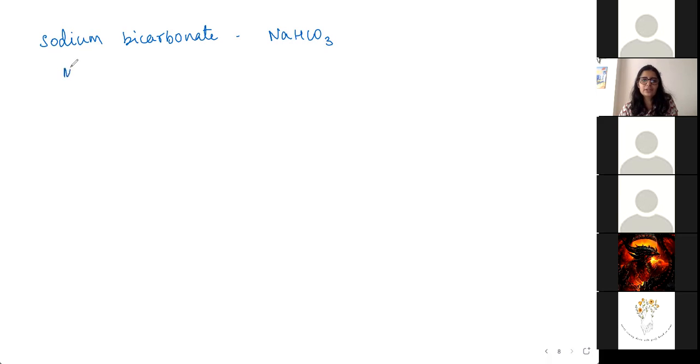So give me the molecular mass for this. If you know already, you can start calculating, but otherwise I'll just write it here. So hydrogen is 1. Beryllium, boron will skip. So carbon is 12. Nitrogen is 14. Oxygen is 16.